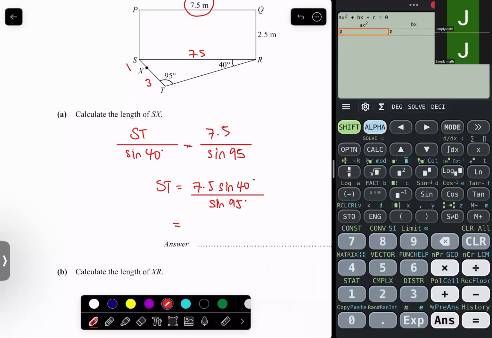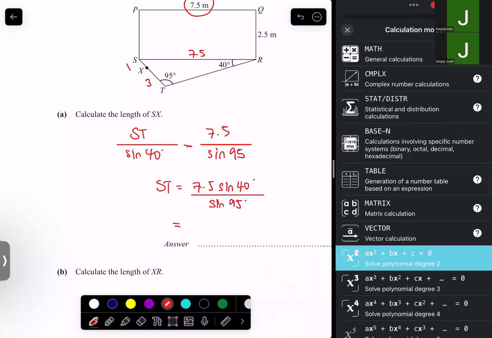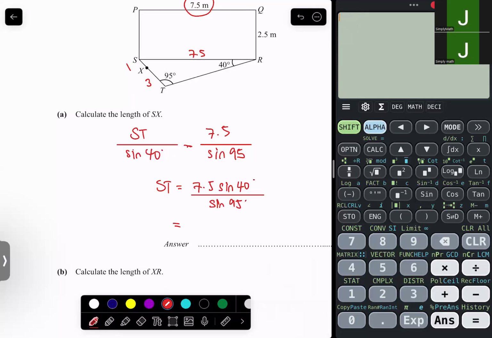So on the calculator, 4.8393, 5 significant figures.